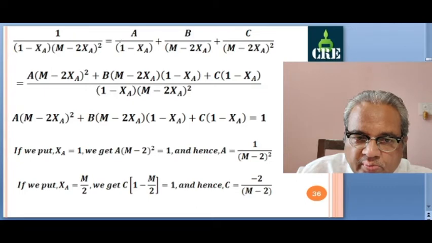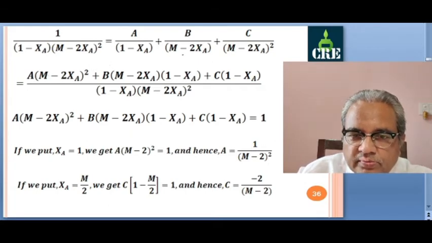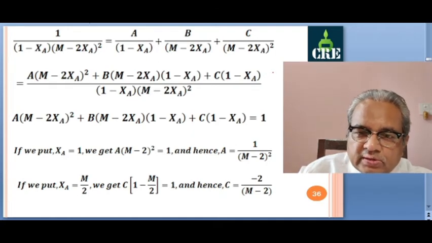So we have A multiplied by M minus 2XA whole square. Here we have to multiply by 1 minus XA and M minus 2XA, and here we simply have to multiply by C into 1 minus XA.